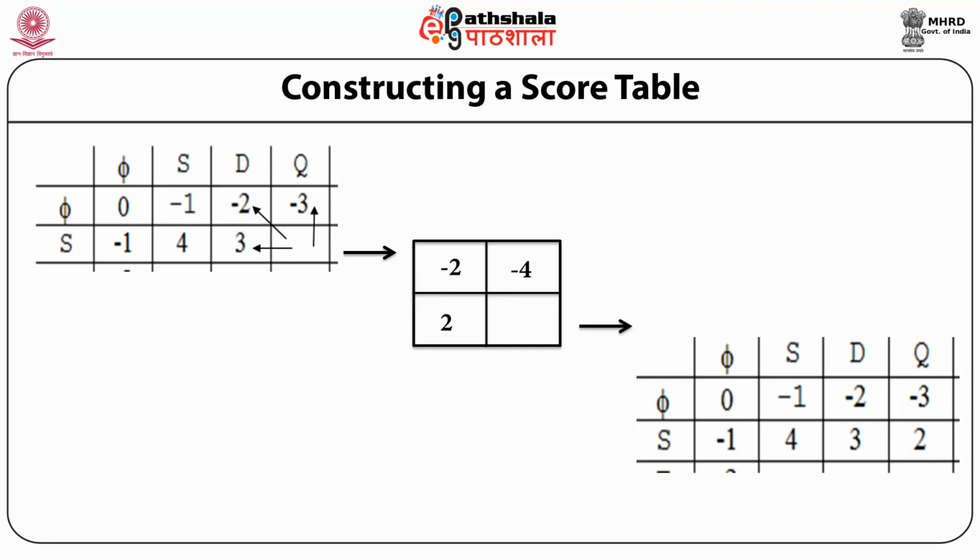Now we have the 3 numbers arrived at for the current cell, 2, -2 and -4 from the left, diagonally upper left and upper cell respectively. We'll select the maximum number out of these 3 and place it in the cell under consideration. Since 2 is the maximum in these three numbers, we put a 2 in the empty cell under consideration.